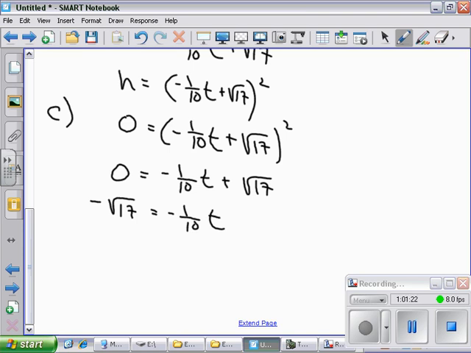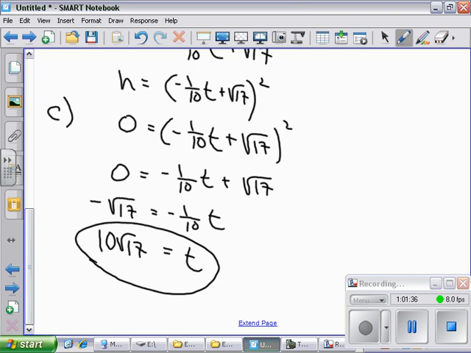And then you want to get t by itself. You could divide by negative 1/10 or multiply by negative 10. And that was it. Wasn't that nice?